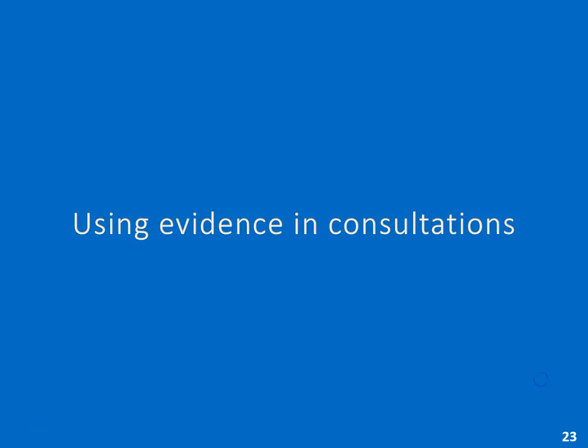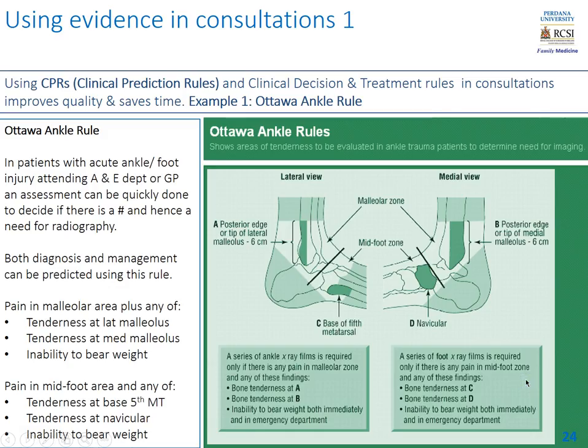Let's look at some examples of using evidence in consultations. These are two examples. One is the Ottawa ankle rule and the second one is the Centor score, which show how clinical prediction rules can be used in the clinical setting, in the consultation in real time. And this does not take extra time, it doesn't lengthen the consultation.